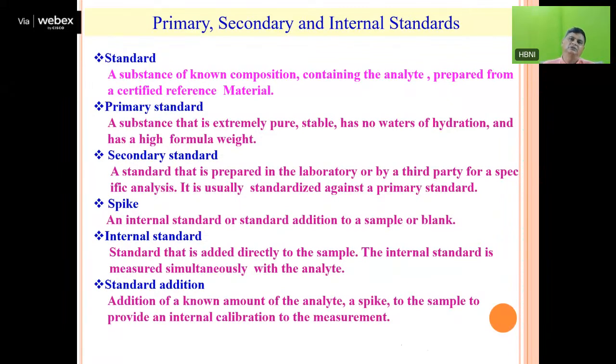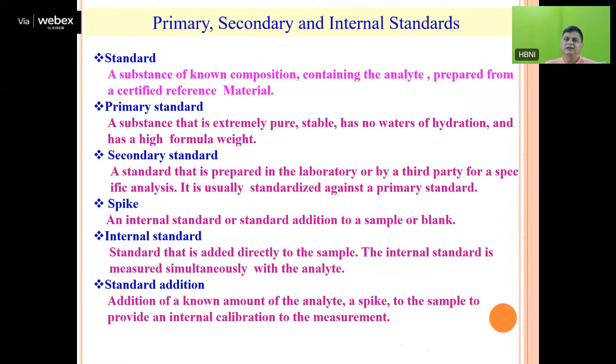Standard materials are available in the market, so one has to either prepare it in the laboratory or purchase it from the market. That's called a standard of that particular analyte, and mostly standard solutions are prepared from certified reference materials only.